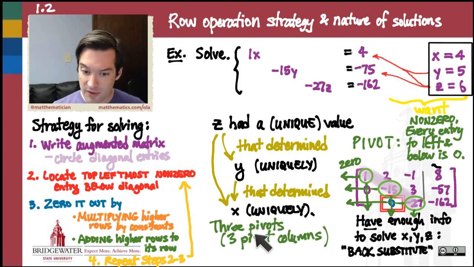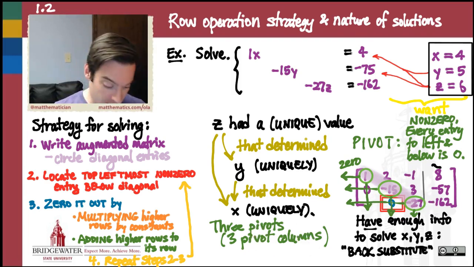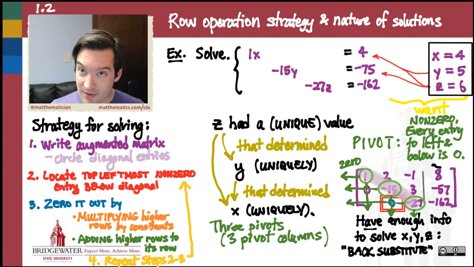And because each of those columns has a pivot in them, that says something about those variables. Because the x column has a pivot in it, x is what we call a basic variable. It's a variable whose value is going to depend on the values of other things in the system.